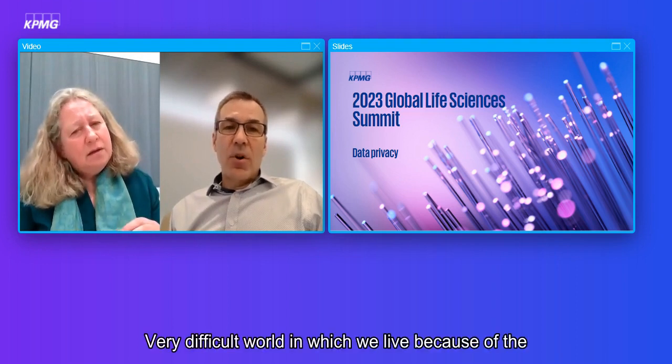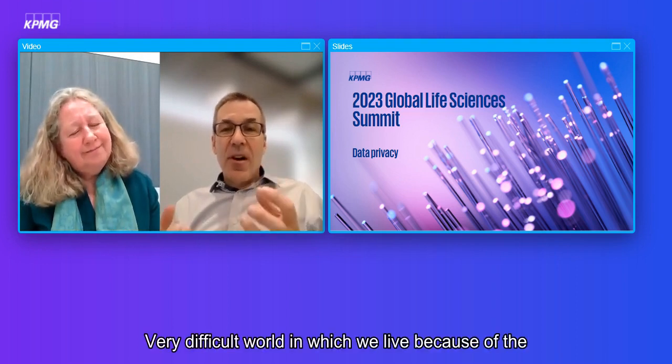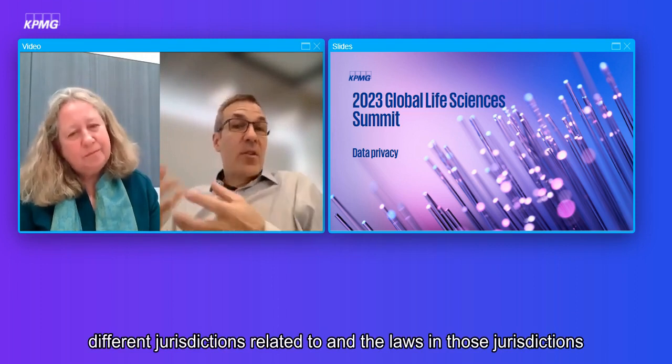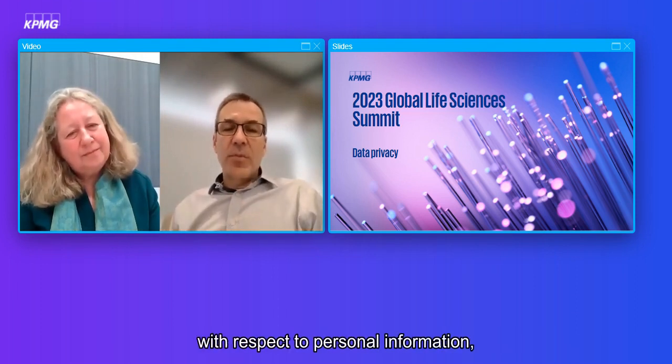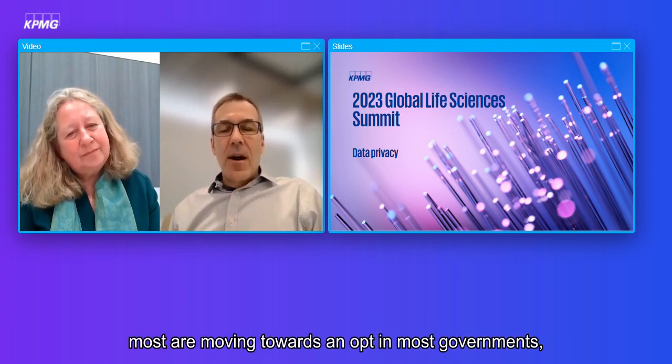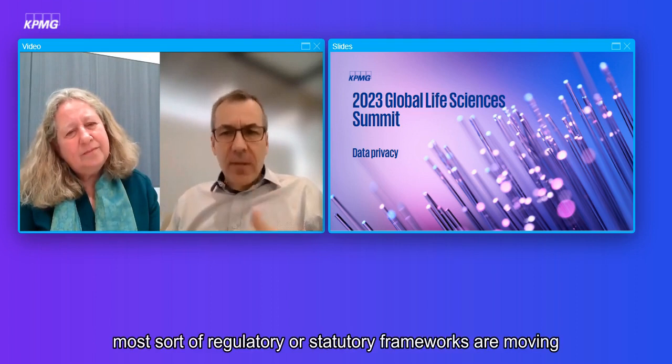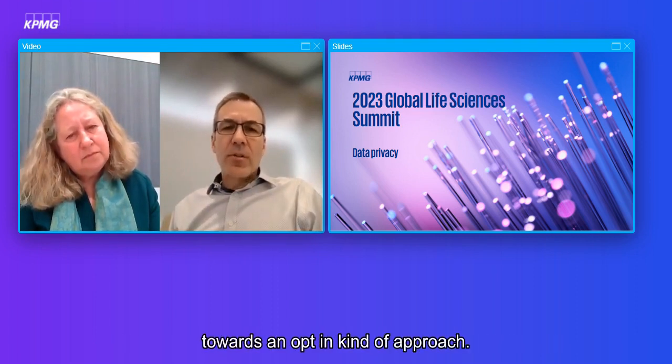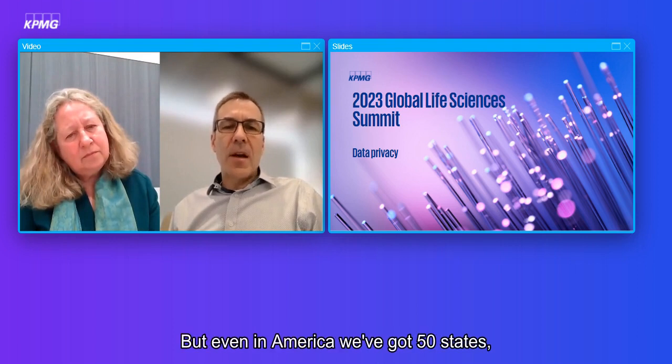Very difficult world in which we live because of the different jurisdictions and the laws in those jurisdictions with respect to personal information. Most are moving towards an opt-in. Most governments, right? Most regulatory or statutory frameworks are moving towards an opt-in kind of approach.